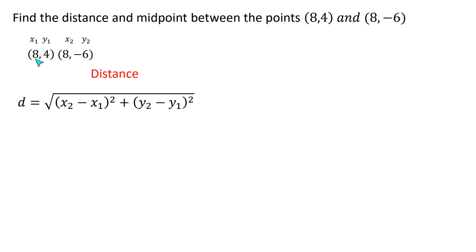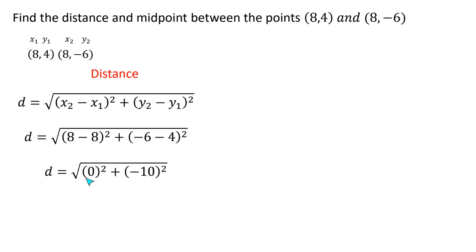Plugging in, x2 is 8, x1 is 8, so we have 8 minus 8 squared, and then y2 is -6, y1 is 4. So 8 minus 8 is 0, -6 minus 4 is -10. 0 squared is 0 and -10 squared is 100. Make sure we simplify. The square root of 100 is 10. So the distance between these 2 points is 10.